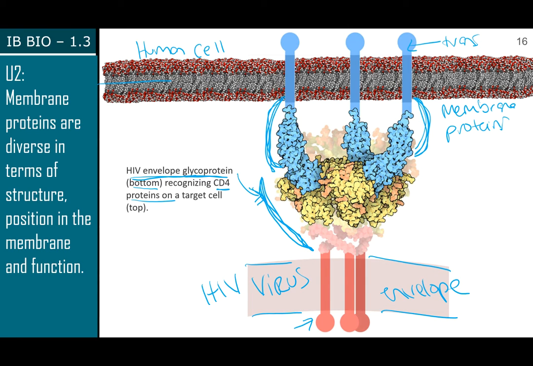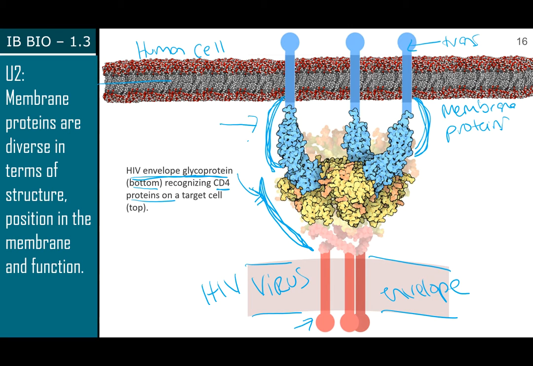And this HIV virus has evolved glycoproteins of its own that identify and match with these glycoproteins on human cells. And that is how HIV viruses are able to lock onto human cells, particularly the T cells.